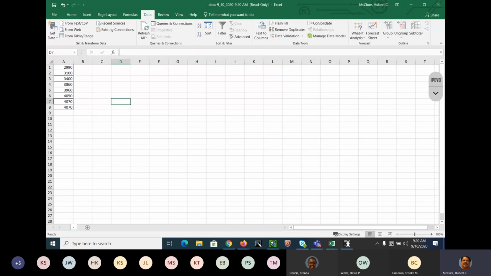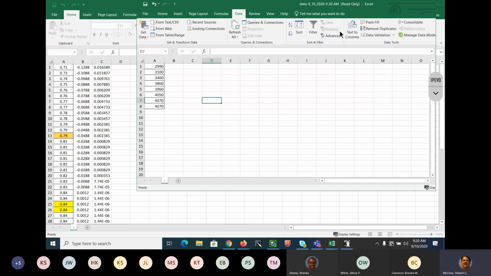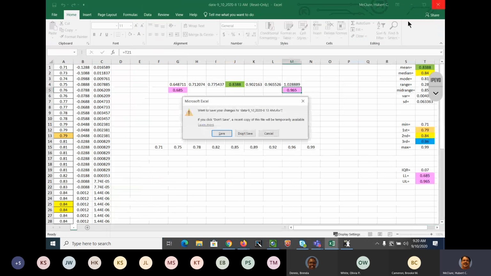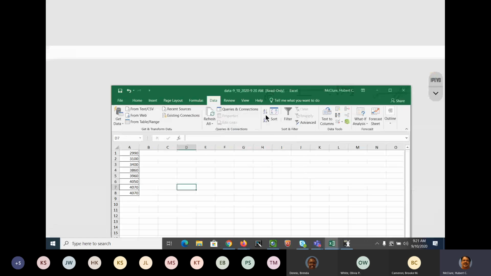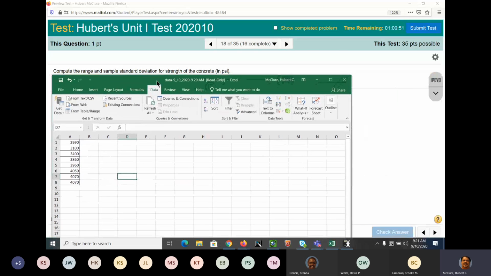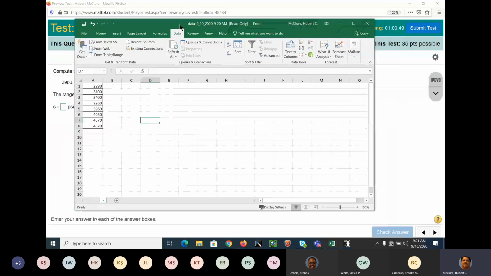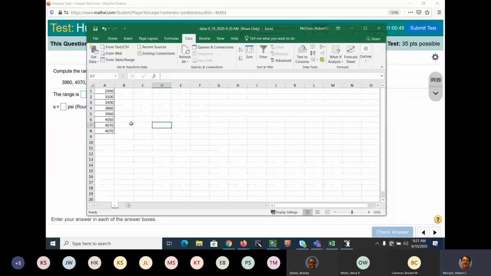Okay, now the directions say find the range and standard deviation. So that means the range and the standard deviation. So I'm going to go ahead and find the range. And I'm going to show you a trick I learned in the war, okay?